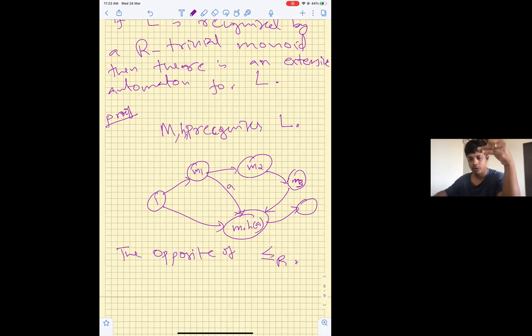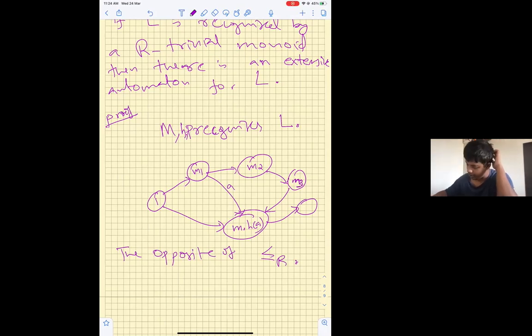To make it an order, we just have to make sure it is antisymmetric. Since it is R-trivial, it is antisymmetric, so less than or equal to R is a partial order.